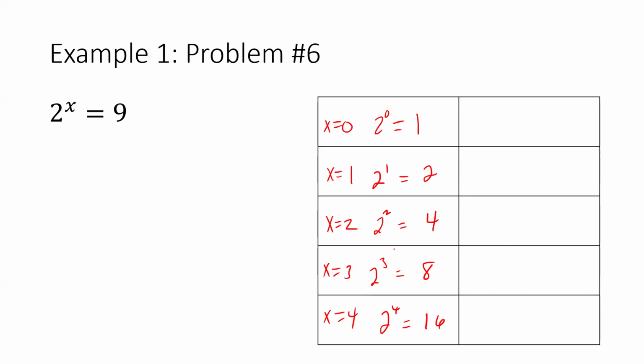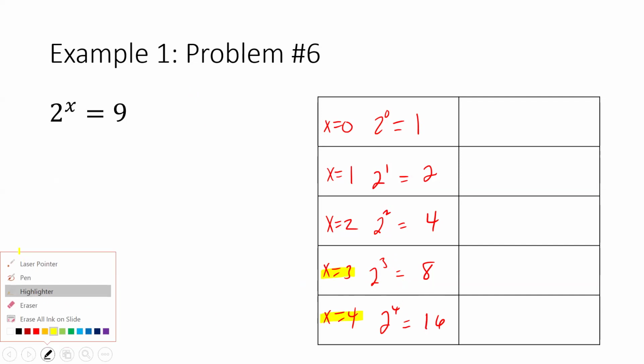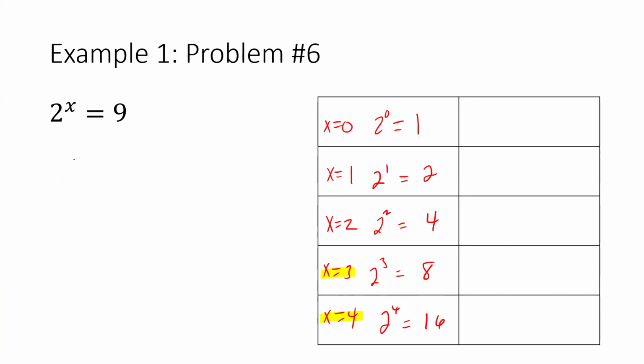So when you're approximating, we now can say that 9 is between where? 3 and 4. So my answer is x is greater than 3, but less than 4. Does that make sense? That's what you're doing with approximating, okay?